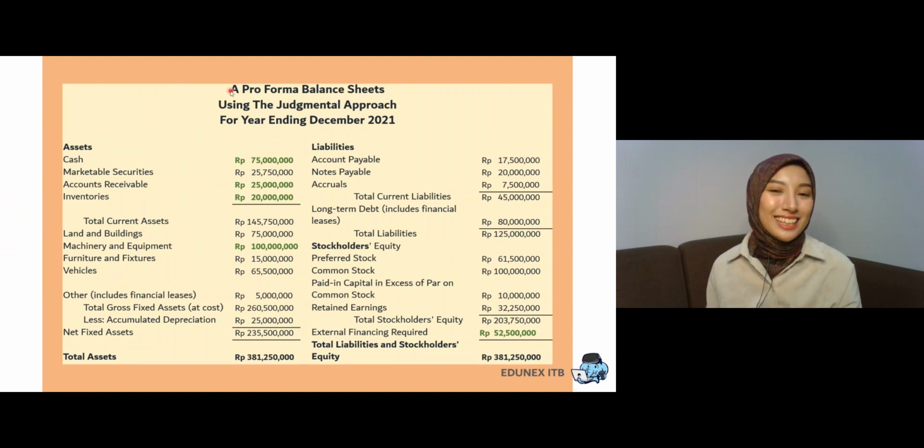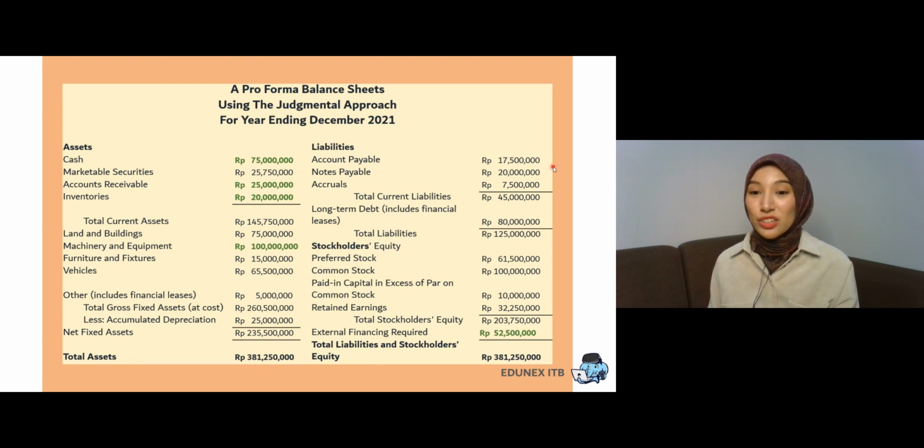Let's see this example, the proforma balance sheet for the year ending 2020. Let's say there is a change in cash of around 75 million rupiah, and changes in accounts receivable and also inventories. Another change also happens in machinery. So the total asset is around 381 million rupiah.